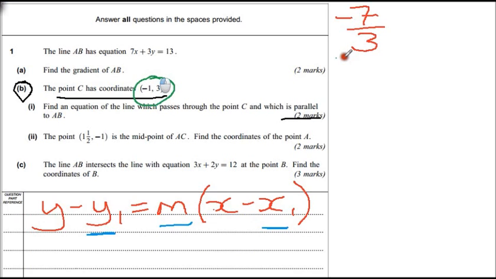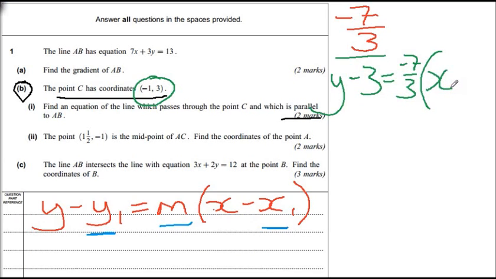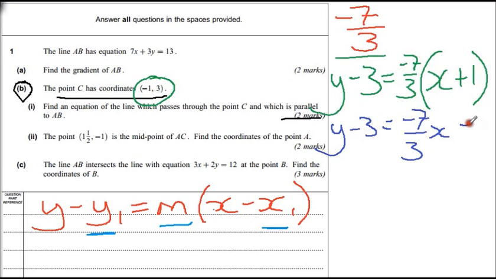So we can just put the values in as y minus 3 equals minus 7 over 3 brackets x minus minus 1, so plus 1. And then if you times out the brackets, then you get y minus 3 equals minus 7 over 3 x minus 7 over 3.